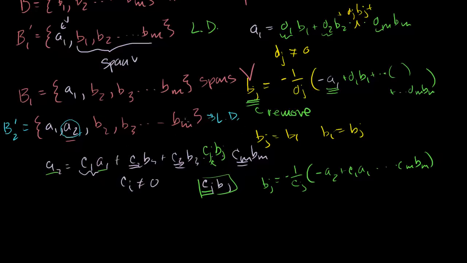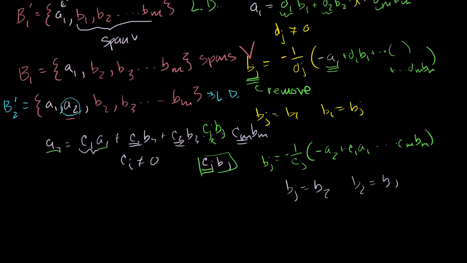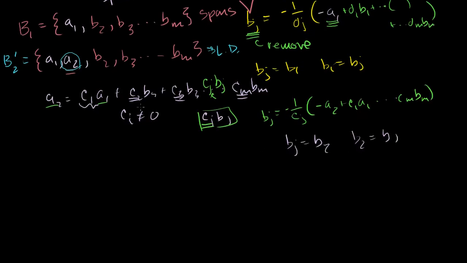Before I take him out of the set, I'm going to rename him, solely for the purpose of notational simplicity. I'm just going to rename our bj b2, and our b2 is equal to bj. So I'm just rearranging the names, and I'm going to remove what I now call our b2. It was whatever was out here that could be represented as a linear combination of everything else, including our new a2.